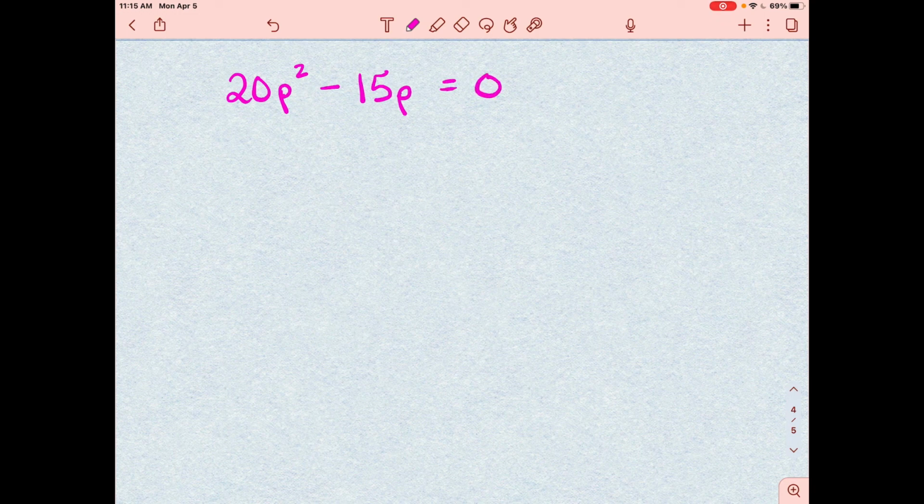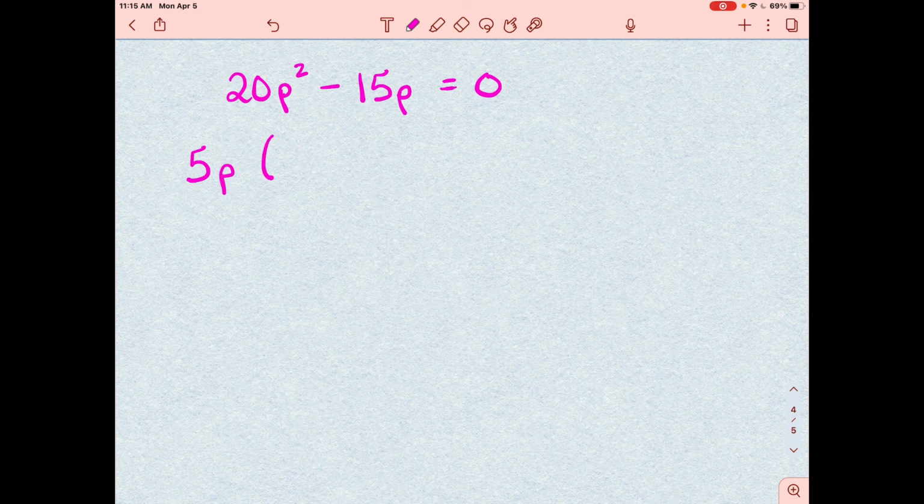I've got a p squared and a p, so solving this is a bit complicated, except for the fact that I see that 20 and 15 probably have a common 5. p squared and p have common p. If I take 5p out of 20p squared, 5 times 4 is 20, and p times p is p squared, okay? 5 times 3 is 15, and p times 1 is p, so we don't have another p.